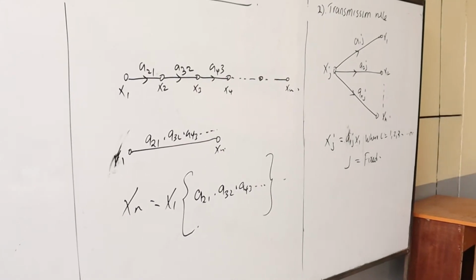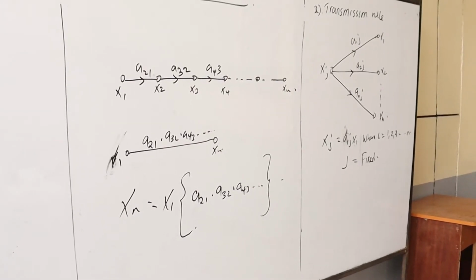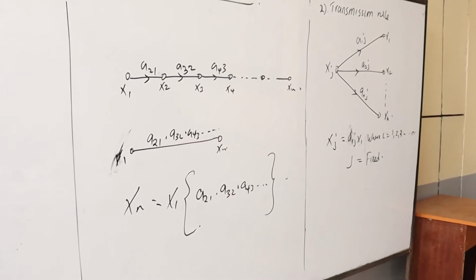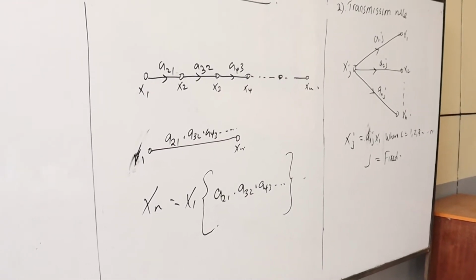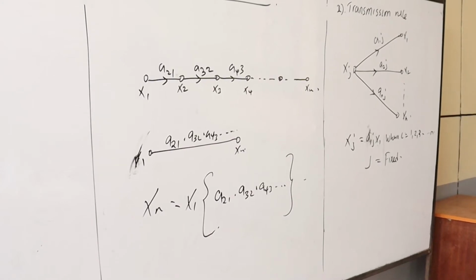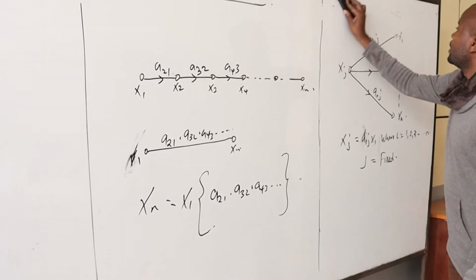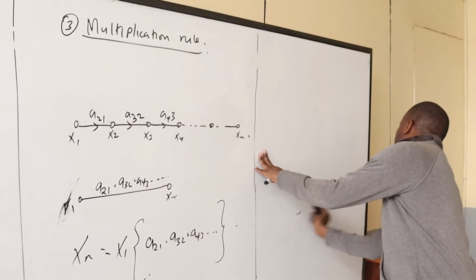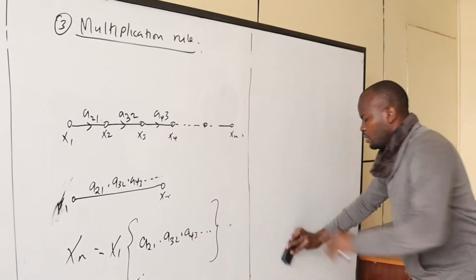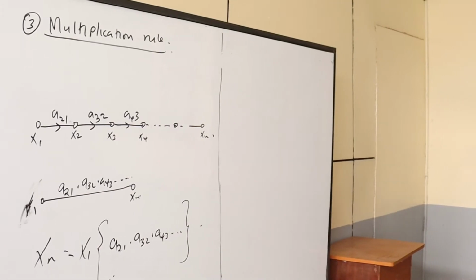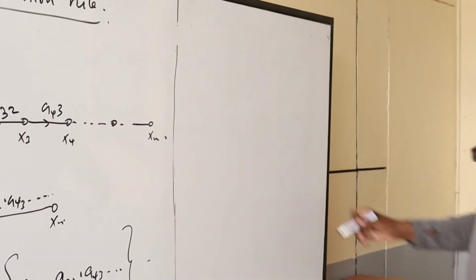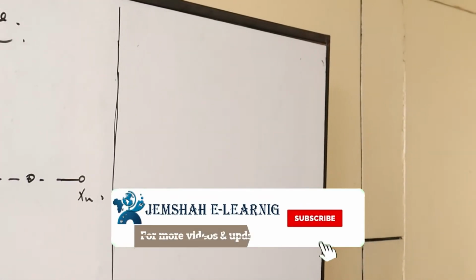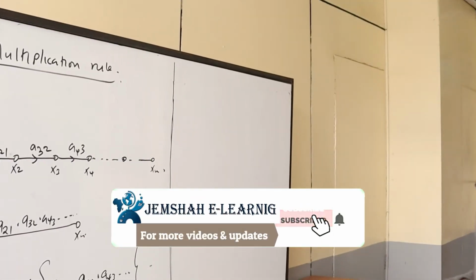So those are the rules. So before we can get to obtaining the transfer function, it is very important that we know some of the definitions. So we are going to look at the definitions in signal flow graphs so that we can get to Mason's gain formula and be able to get the transfer function of various systems.